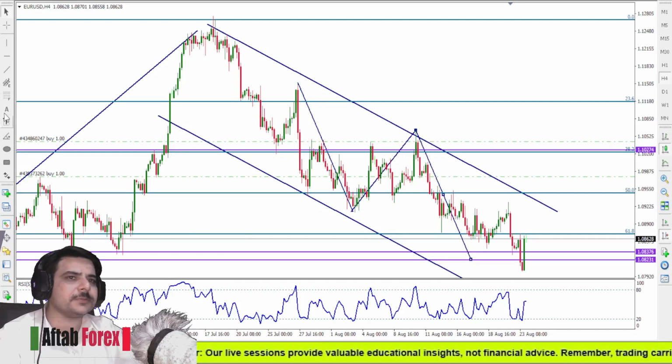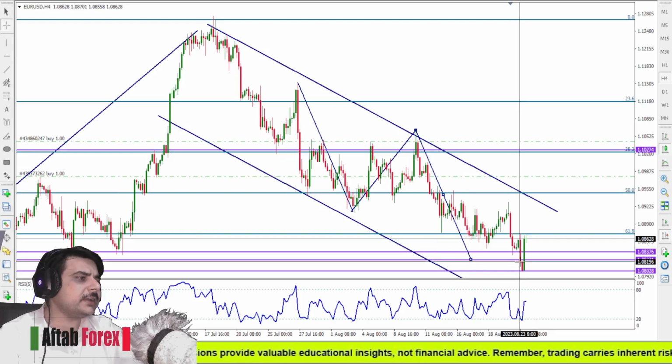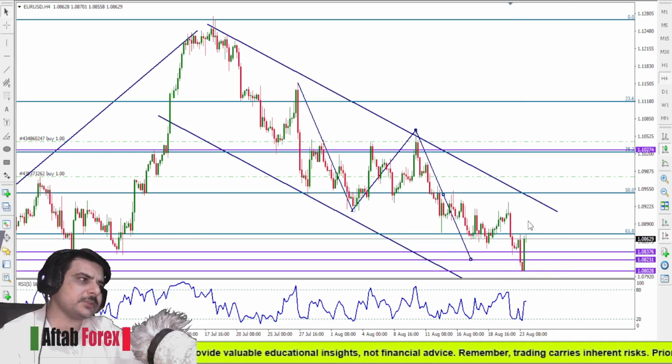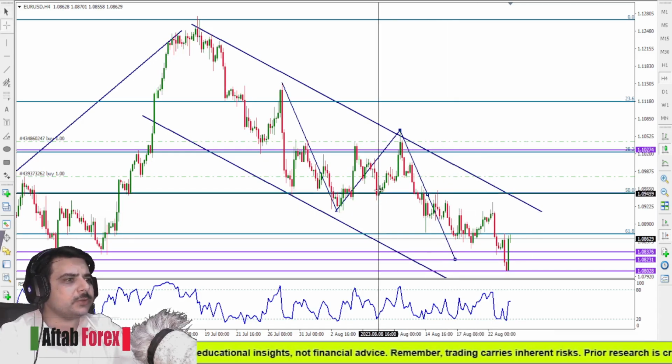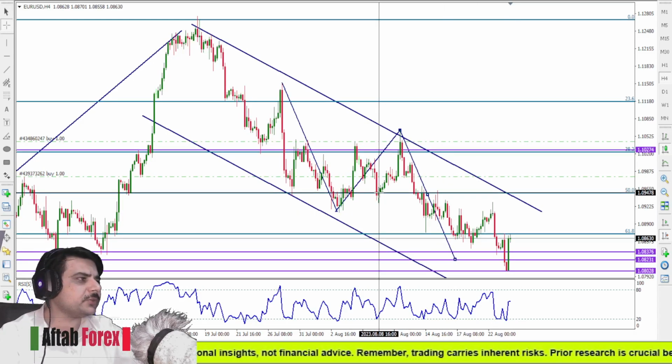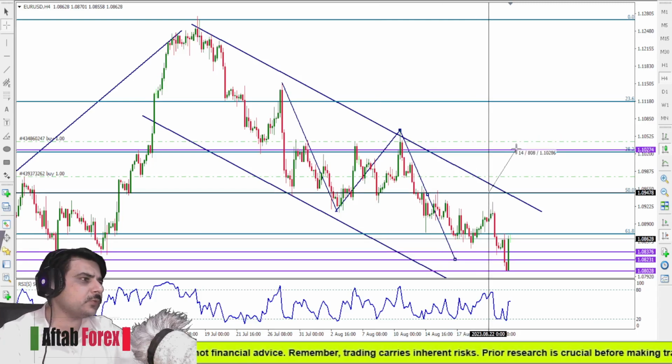Finally it has got completed. A little bit of a drop, because this was a news event as well, and successfully the market is going back up. So let's see. First of all, I'm looking for 1.09478 as a bullish story, and then I will be looking for 1.10.